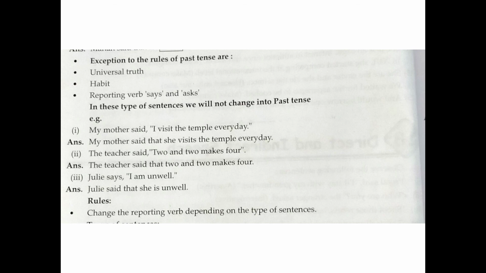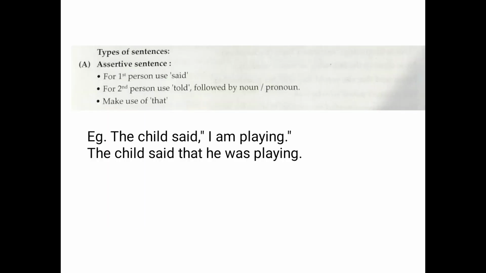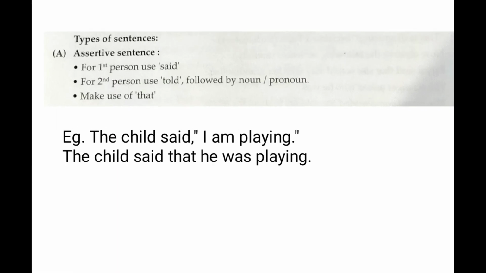And after that, according to the type of sentence, there are some rules for the conversion of direct into indirect. First is the assertive sentence. In the assertive sentence, we have seen that if a single person is talking, then we will use said, and if two persons are talking, then we will use the reporting verb told over there.